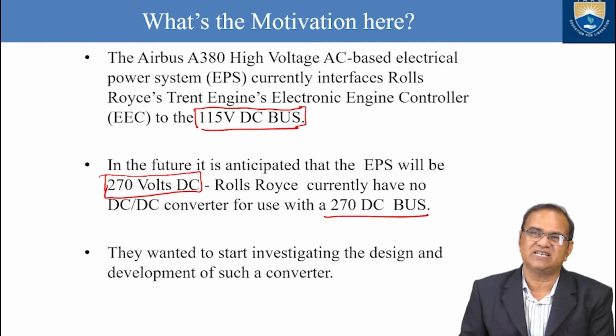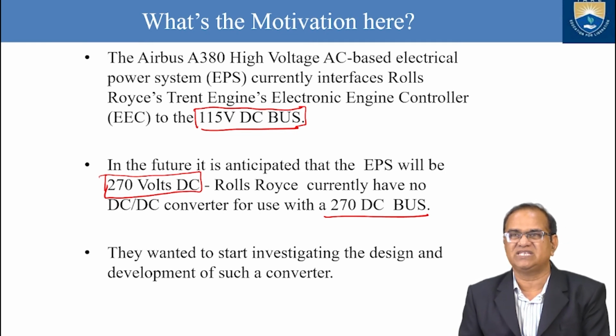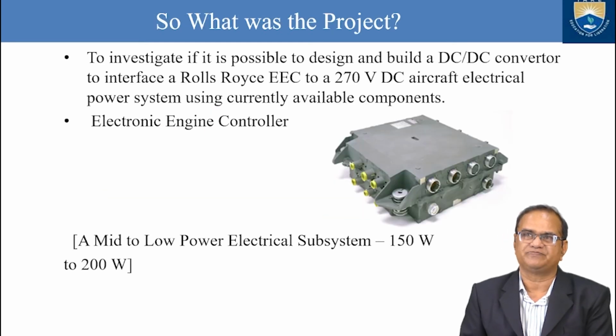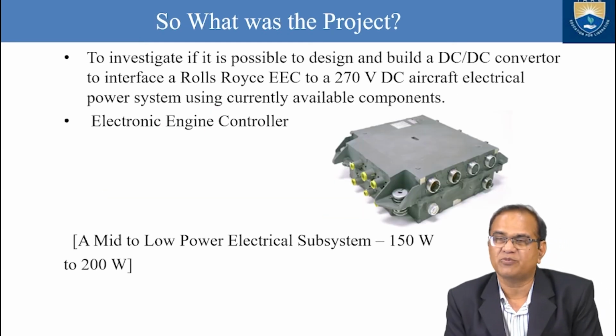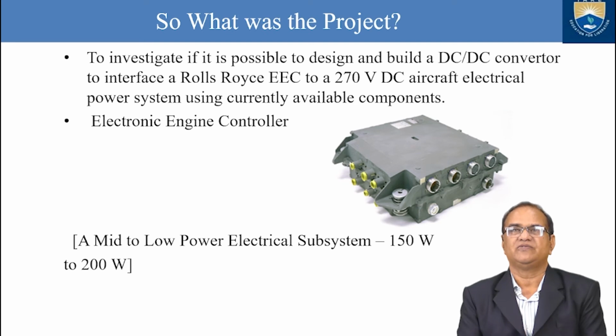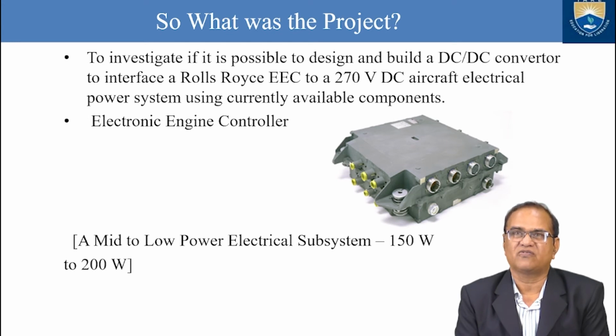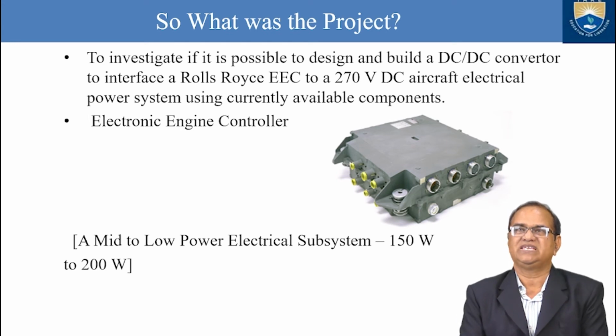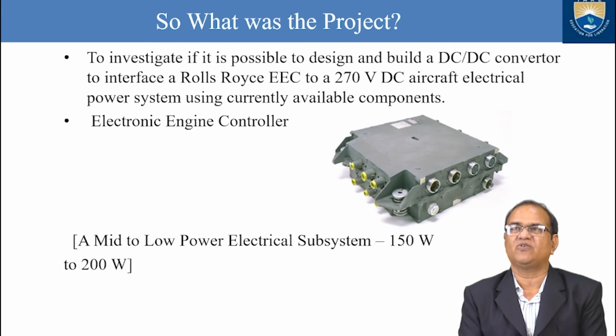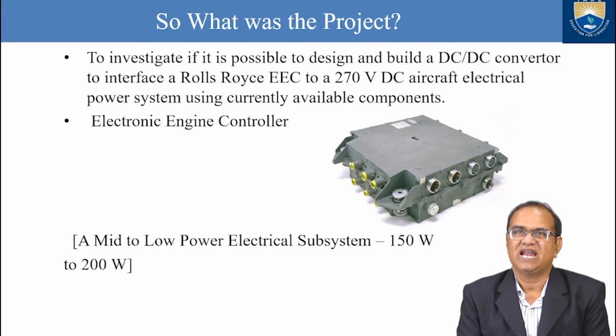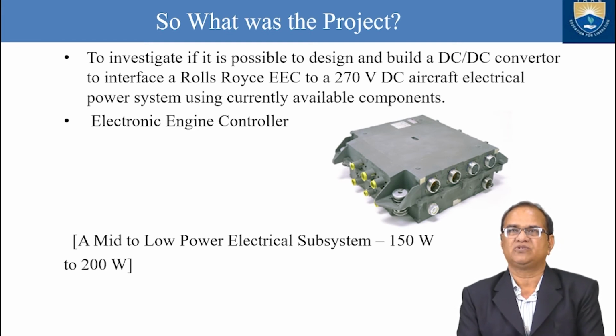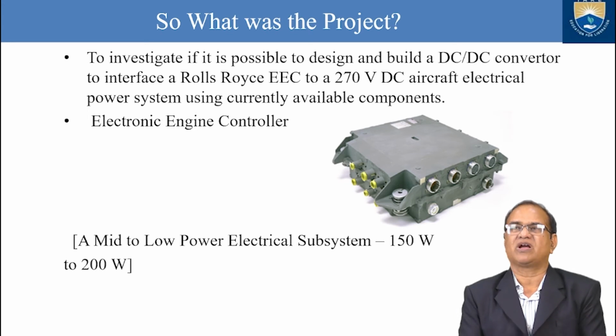So it is a case study I have taken here for the DC converter. So what was the project? To investigate if it is possible to design and build a DC-DC converter to interface a Rolls-Royce EEC to a 270 volt DC aircraft electrical power system using currently available components.